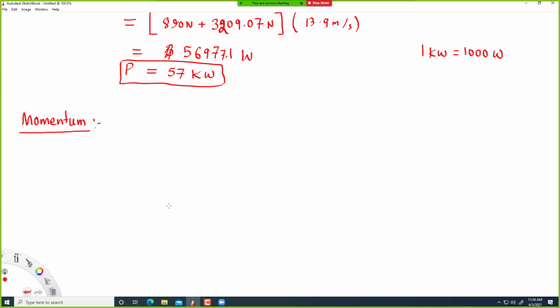Okay, so it's a measure of inertia of motion.